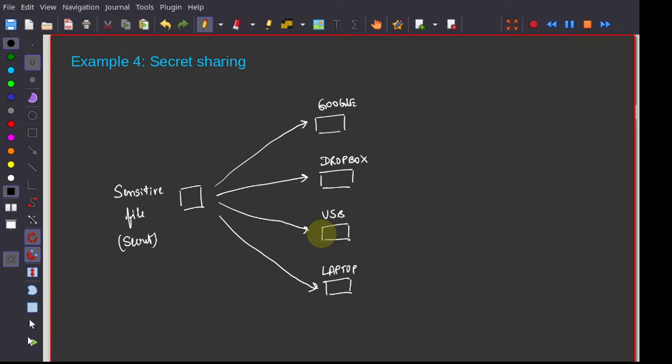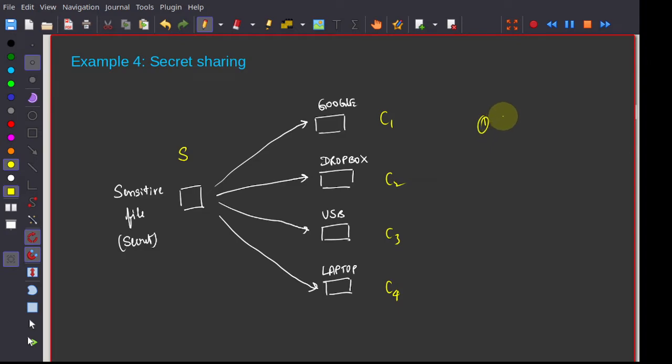So the secret sharing problem is the following. You have a sensitive file called the secret. Let's denote it S. I want to somehow store this secret in the following way. It's going to be split into multiple parts, somehow encoded in some fashion. Maybe I'll call them C1, C2, C3, and C4. And this should be done in a way that satisfies the following requirements.